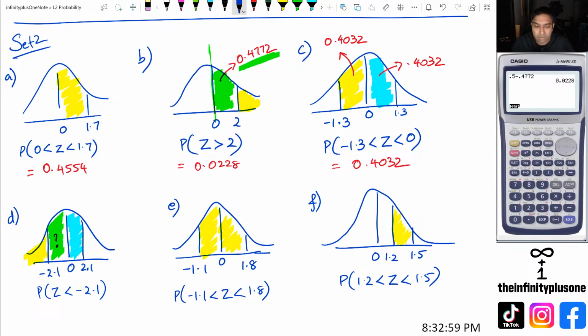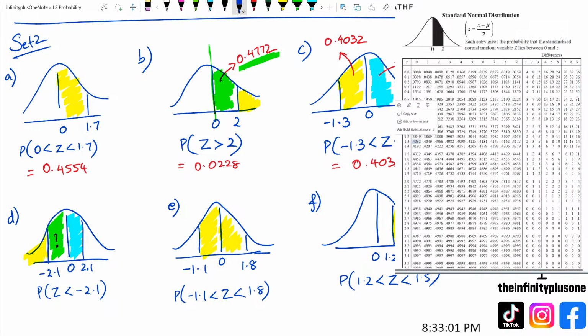All right, so I'm going to go back to my tables and look at 2.1. So 2.1 is right there, which is 0.4821. So this blue part is worth 0.4821. They're symmetrical, so the green part is worth 0.4821.